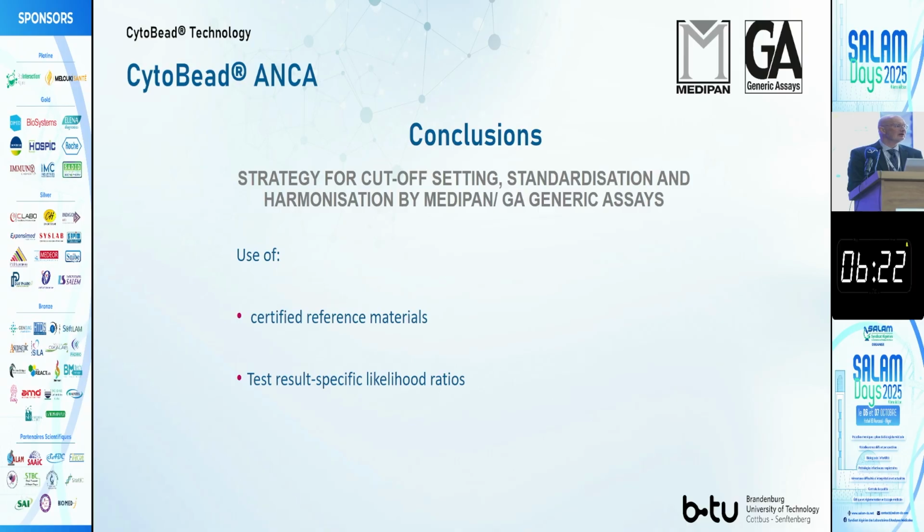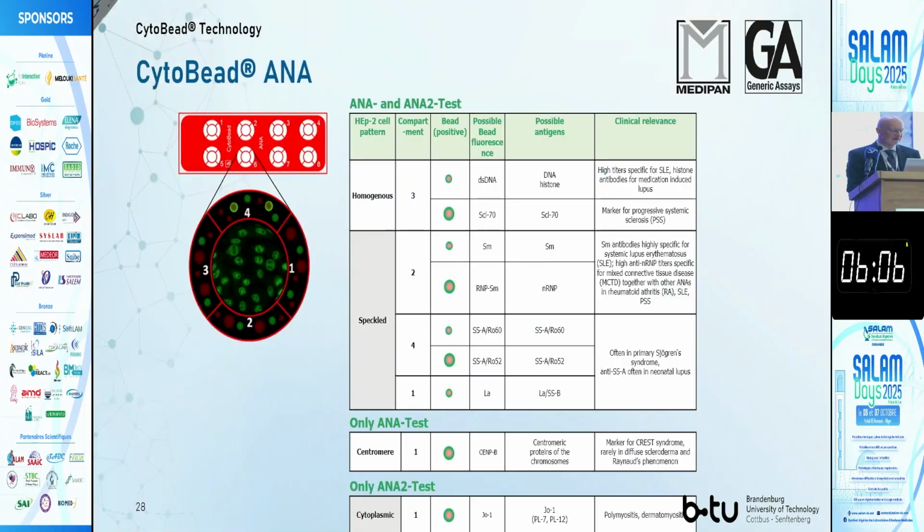And what we will do in the future, and that will be a complete new era in autoantibody testing, is to report likelihood ratios along with the autoantibody levels that have been obtained by the different assays. Well, the same can be done in terms of multiparametric testing for anti-nuclear antibody testing.